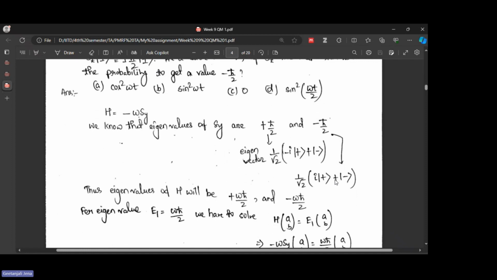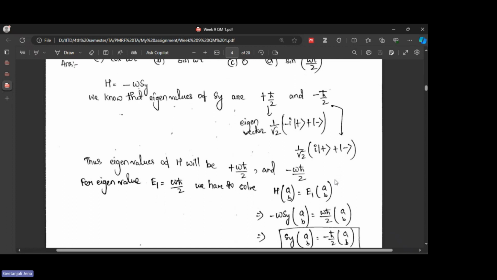Now, if you want to find the eigenvector with eigenvalue omega h-bar by 2, we have to solve the eigenvalue equation, where we have taken a, b as the first eigenvector, with eigenvalue omega h-bar by 2.